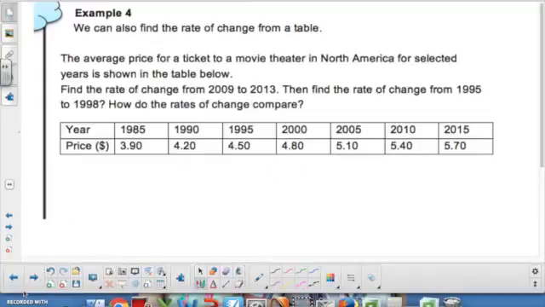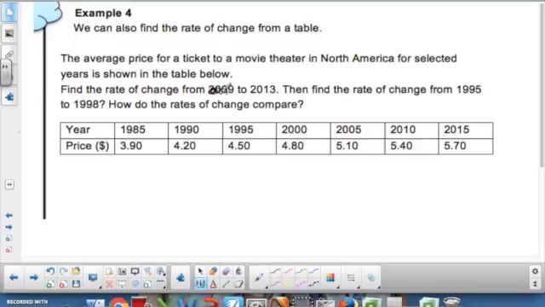You can also find the rate of change from a table, and sometimes we'll give you a scenario to go along with that table and sometimes not. In this case, we said the average price for a ticket to a movie theater in North America for selected years is shown in the table below. Find the rate of change from 2009 to 2013. Well, go ahead and change that for me because that was a mistake.